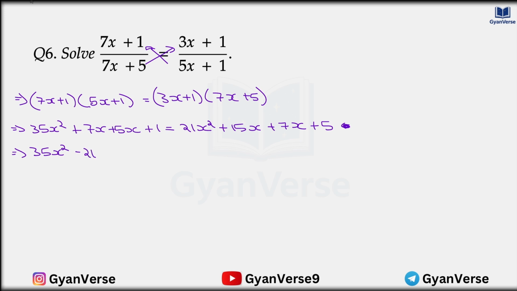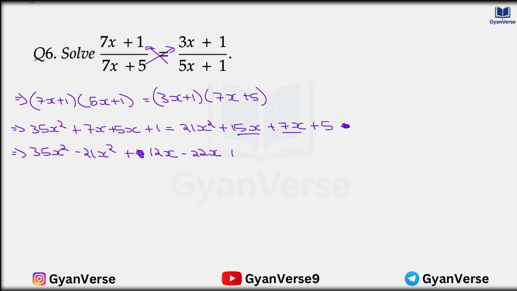It will become minus 21x square. Then I will write 7x plus 5x, that will be 12x. And if I add 15 plus 7, it will be 22. What I've done here is I've added plus 15x and 7x, that will become plus 22x. And when I shift it to the left hand side, it will become minus 22x.